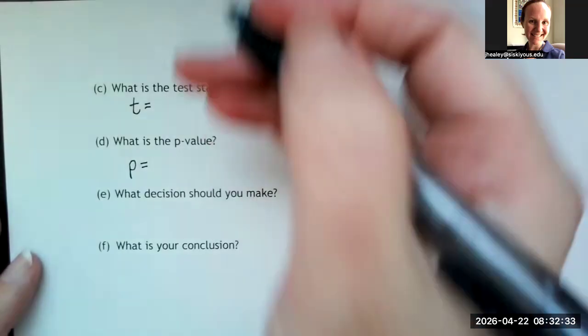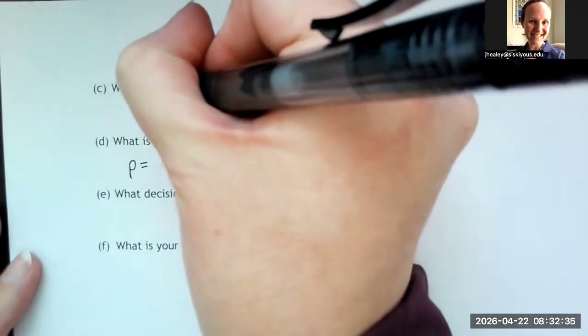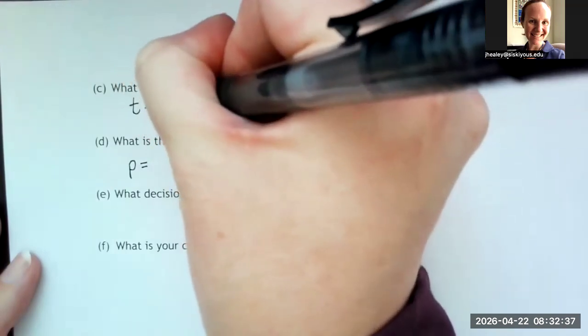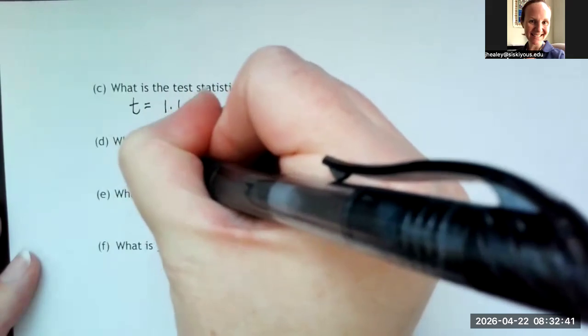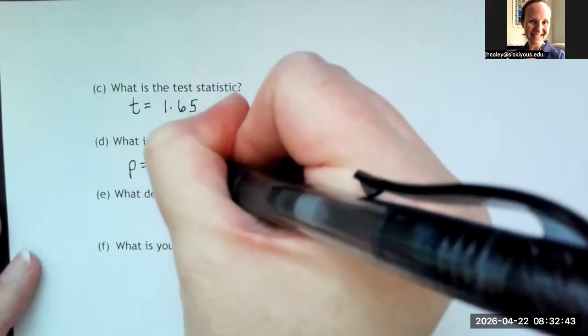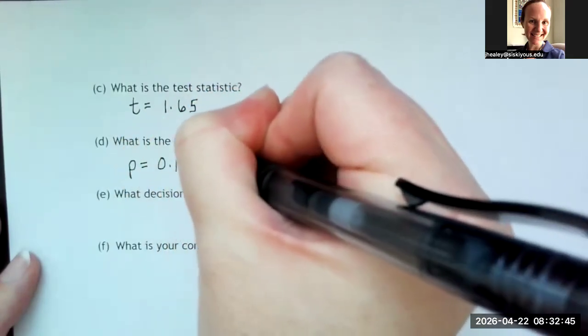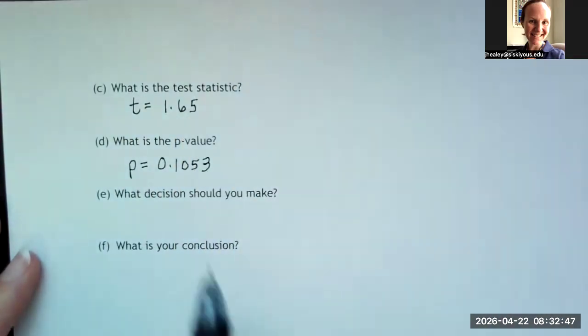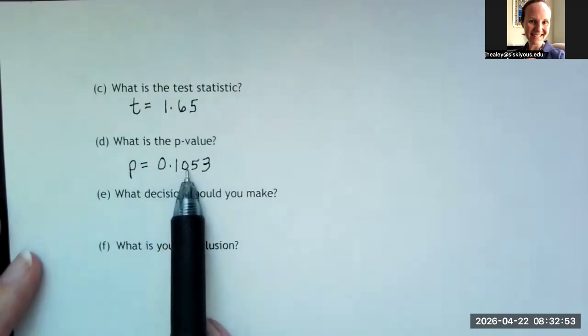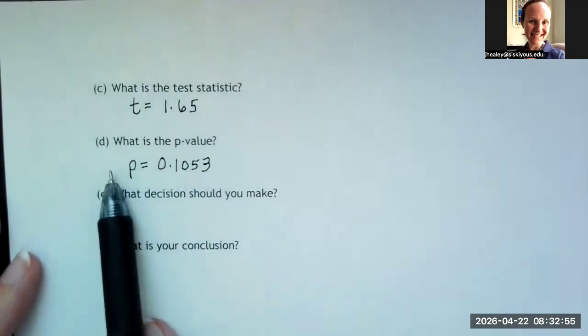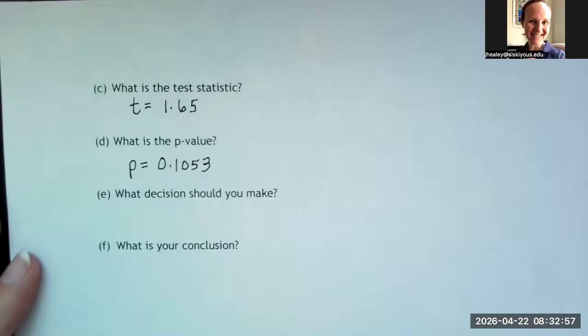So that's going to give us our test statistic t of approximately 1.65, and a p-value of 0.1053. So we're comparing that p-value to this alpha value of 0.01. So our alpha is 1 penny and our p-value is 10.5 pennies.